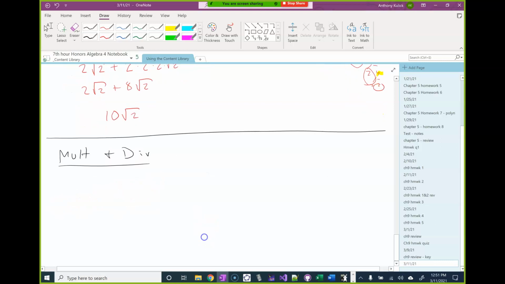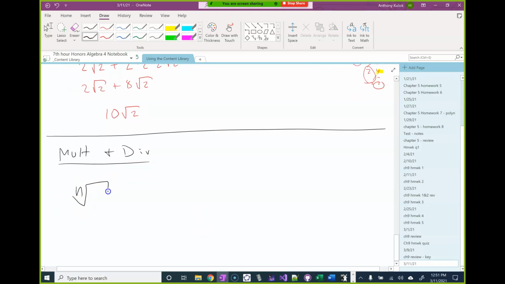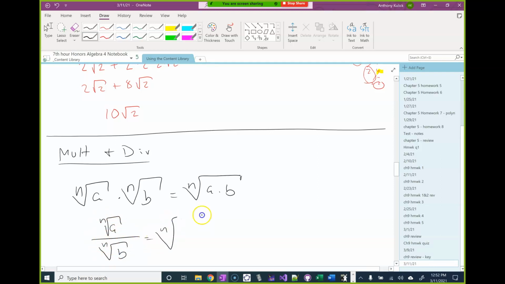So multiplication and division. As long as the radical part is the same, we can stick them under the same radical, or you could use these rules in the reverse direction and take something under one radical and break it into many radicals.